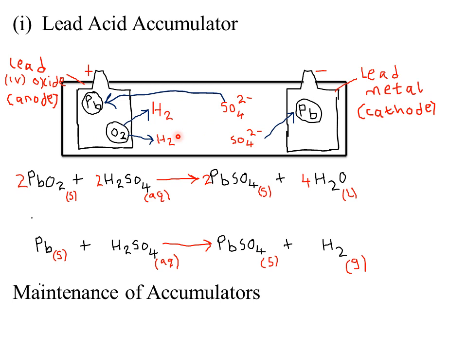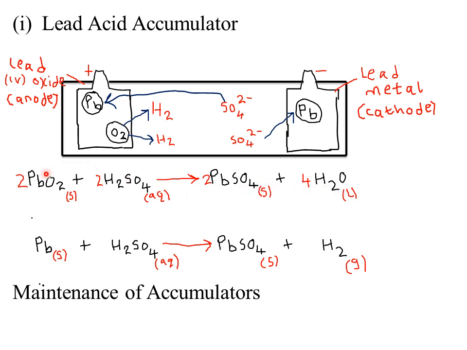At the positive plate, that is the lead 4 oxide, the sulfate ions react with lead to form lead sulfate. At the anode, the lead 4 oxide reacts with our electrolyte, the dilute sulfuric acid, and forms lead sulfate, which is a solid, plus water.